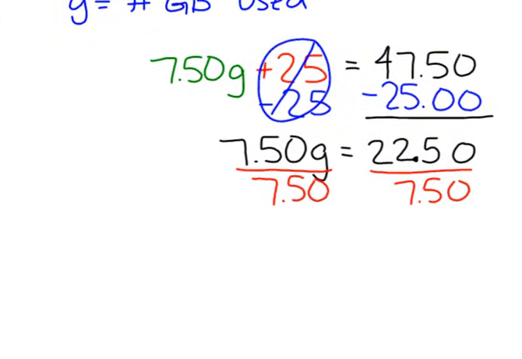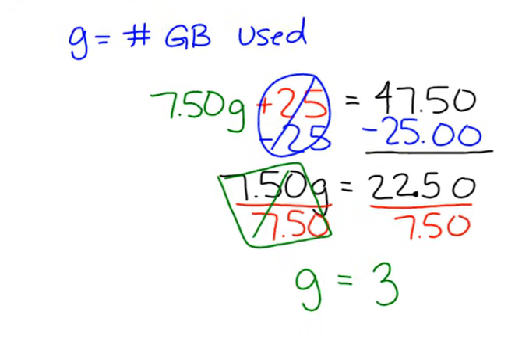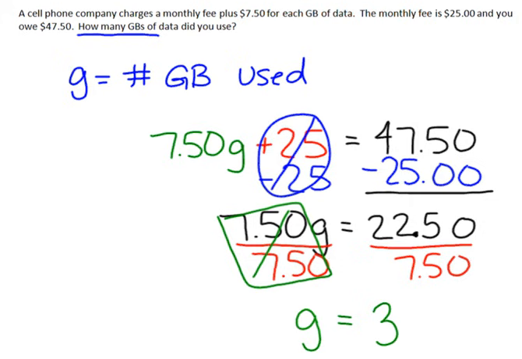Okay, once you do that, the left-hand side is going to simplify out to 1G. And the right-hand side, when we divide, we're actually going to get whole number 3. So lastly, we're going to put units on it. That's going to be 3 gigabytes of data used.